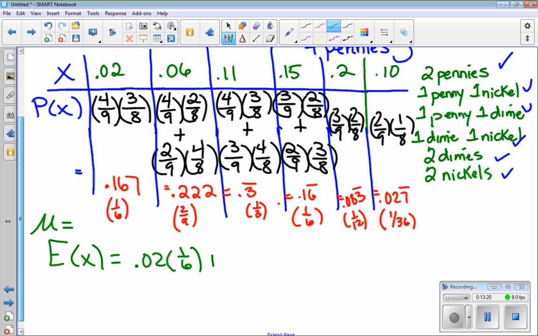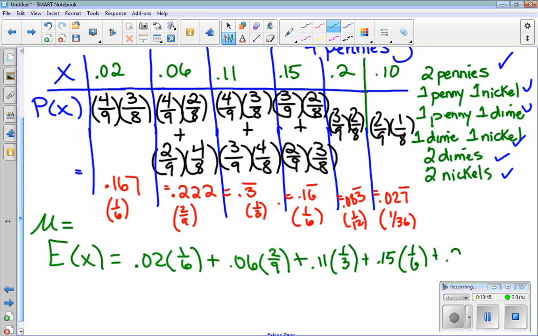Plus the next outcome, 0.06 times 2/9. Plus, and we just keep going, and that's all there is to it. 0.11 times 1/3. Plus 0.15 times 1/6, and so forth and so on.